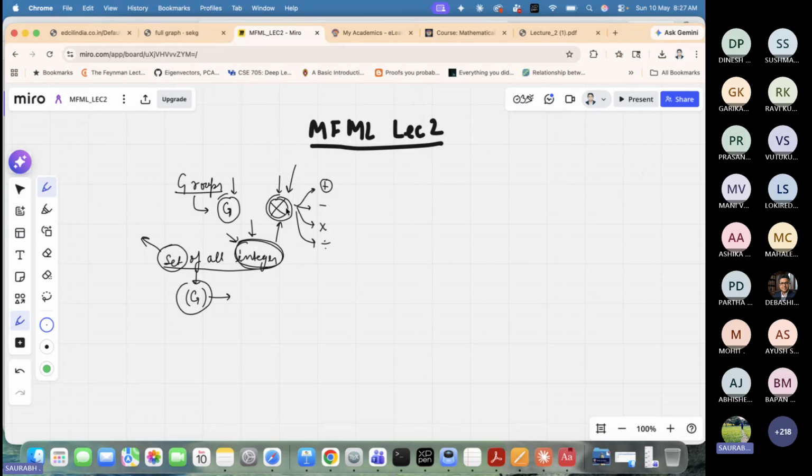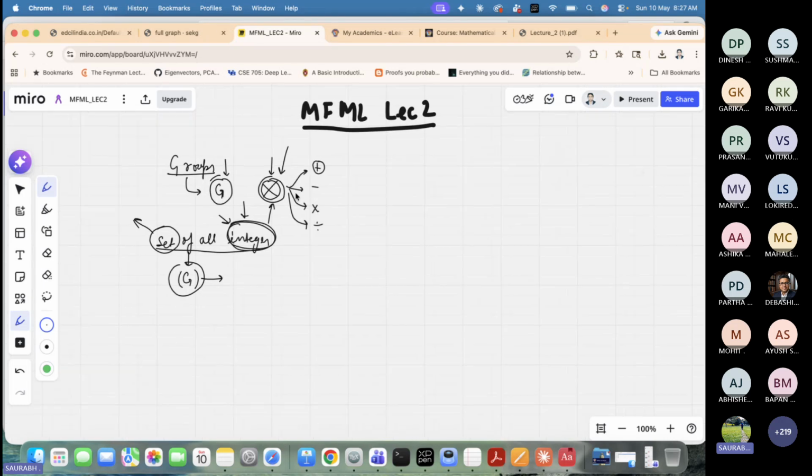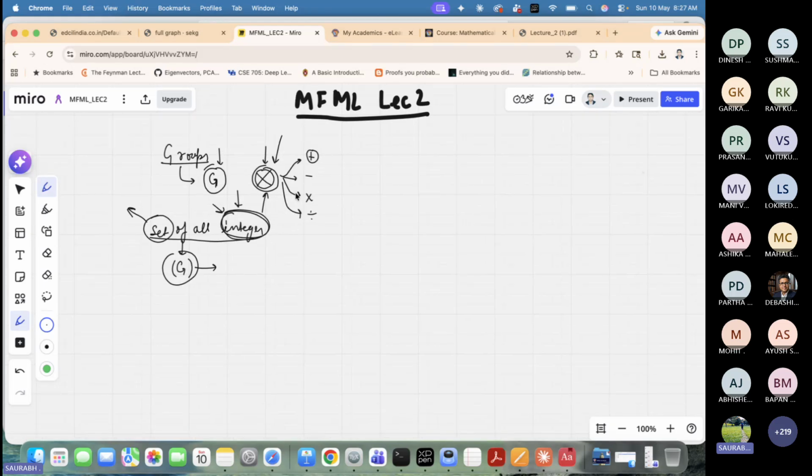So this is an abstract mathematical language that I'm talking about, but soon all of these things would start making sense. For example, let's say there are these four axioms, and the first axiom is closure. Closure is combining any two elements of the set. Let me write it down.